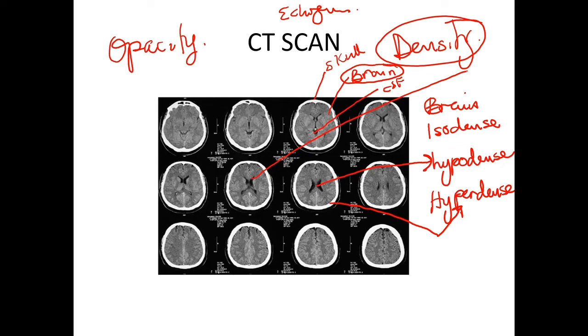You see the bone, the skull has calcium in it, so it appears hyperdense. So if a patient presents with bleeding, because the blood contains iron, at that point of presentation, the collection of blood will be hyperdense.